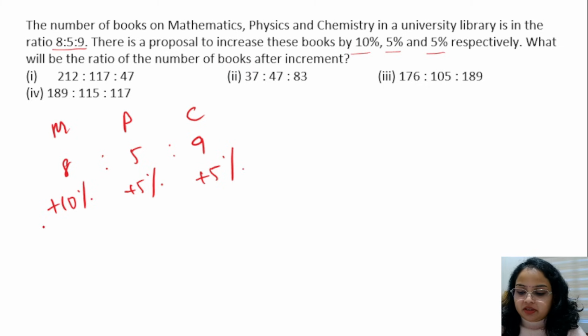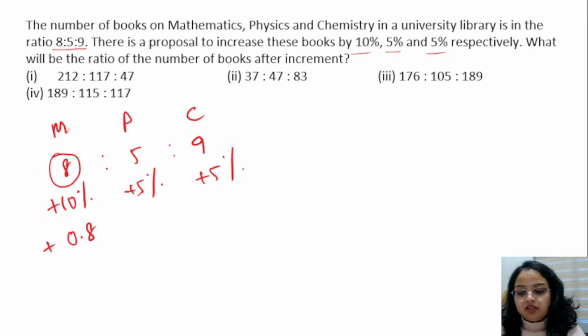What are the increased mathematics books? See, if 10% mathematics books are increased, what is the number? If 100% is 8, what is 10%? It is 0.8. So 0.8 mathematics books are increased. And 5% physics books are increased.